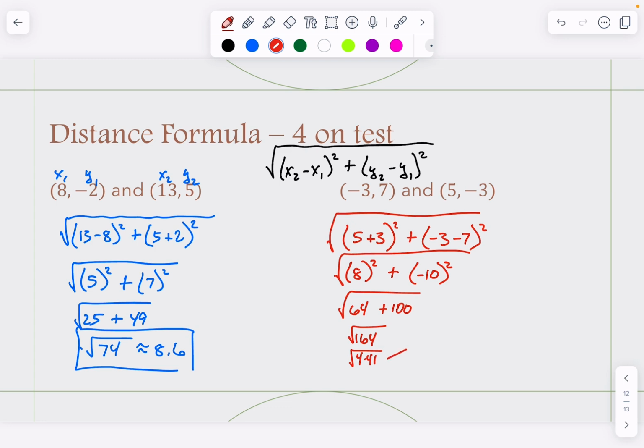So when I simplify, the square root of 4 is 2. 41 is prime, so that's going to stay in there. The decimal answer is just going to be, type that in, 12.8 approximately. And there are your two answers. So again, simplified radical as well as the decimal when necessary.